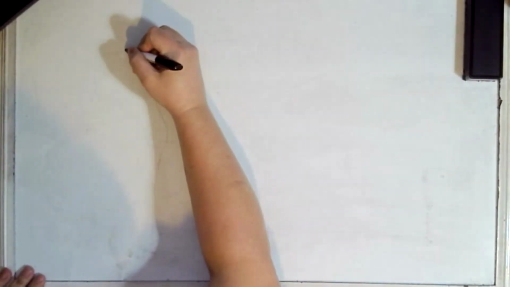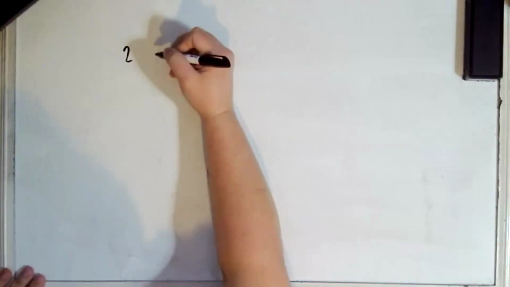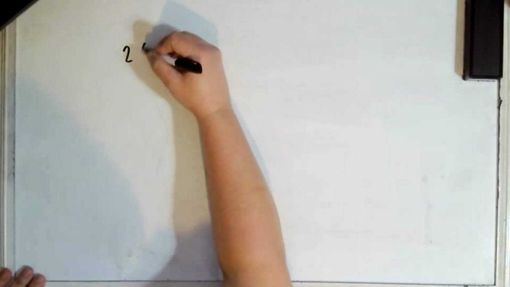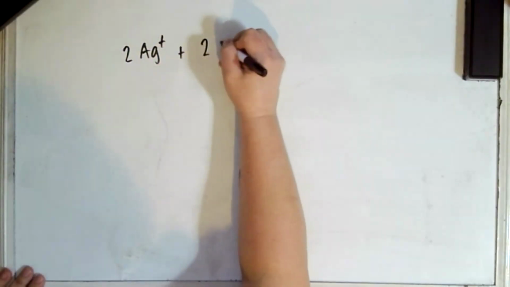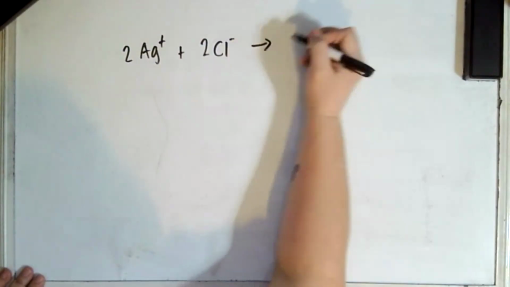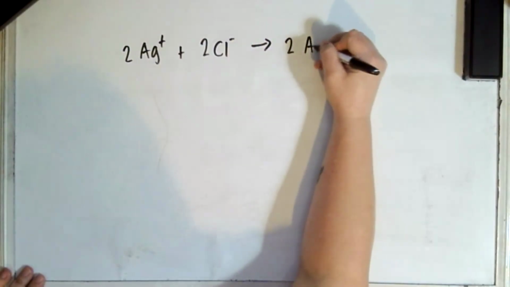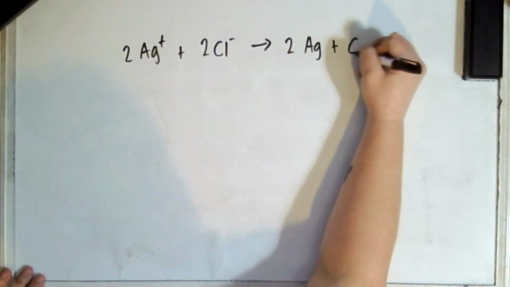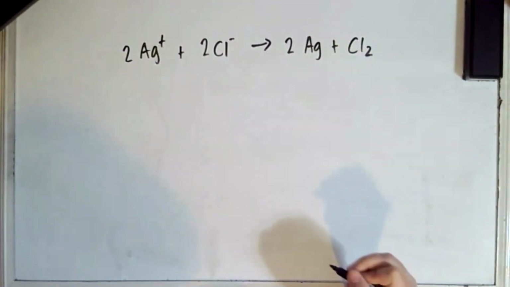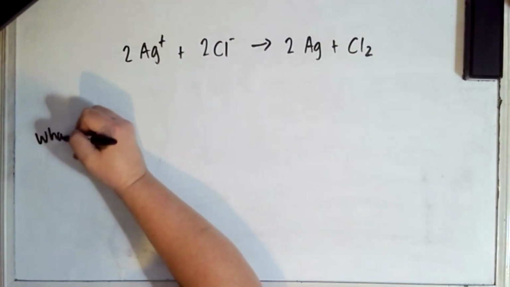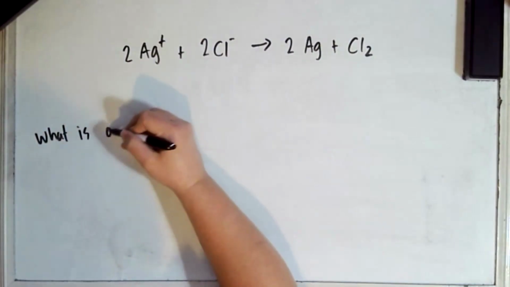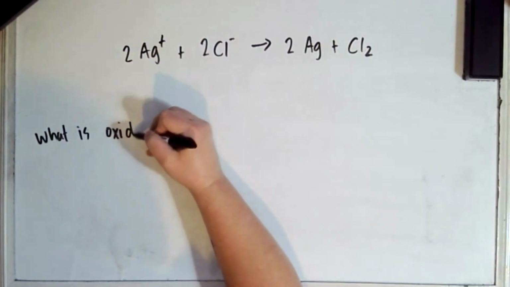So the full question says, in light-sensitive sunglasses, UV light initiates an oxidation reduction reaction, which they're writing as this. And the questions here are, what is oxidized and what is reduced?